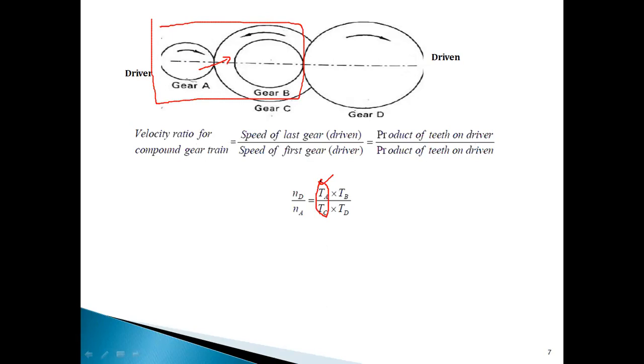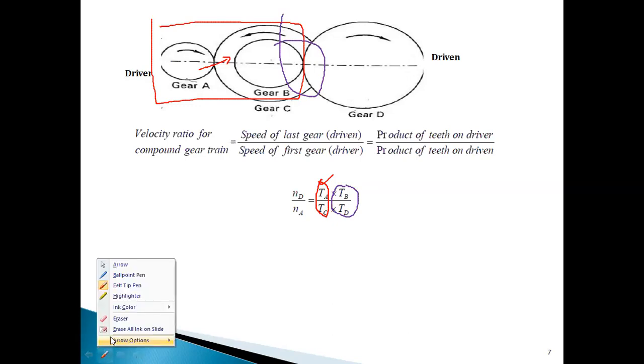Similarly, for the next combination, gear B and gear D, gear B is driving gear D, which means B is your driver gear. It becomes TB by TD. So ultimately, the RHS becomes the product of teeth of the driver gears to the product of teeth on the driven gears. If you write this much, you can find the solution for the velocity ratio of a compound gear train.